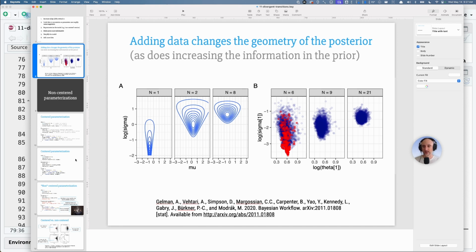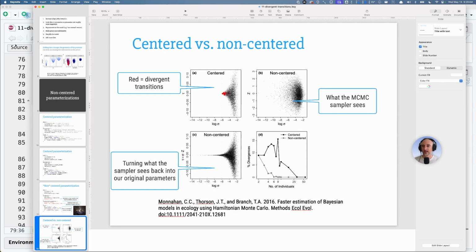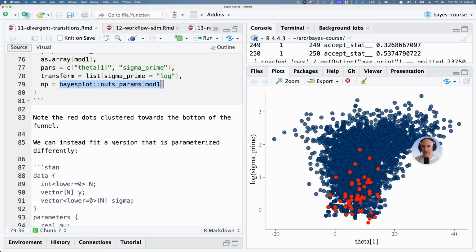So that's another solution. And of course, if we had changed adapt delta, the sampler would be taking smaller and smaller jumps and would better be able to make it down into this part of the funnel. It might not make it all the way, depends how bad the funnel is. And we can play with that over in the code.